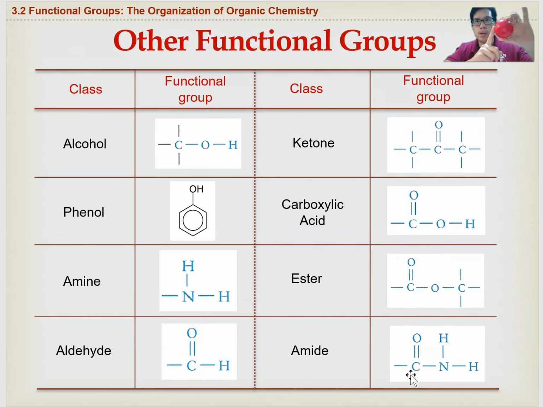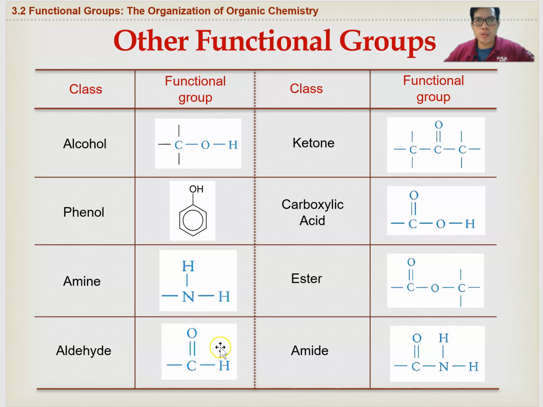So what are the other functional groups? We have the alcohol group with the OH, phenol, where the ring is directly attached to OH. Amine is where NH2, aldehyde, C double bond O H. A lot of people confuse this and this, so you have to be extra careful.